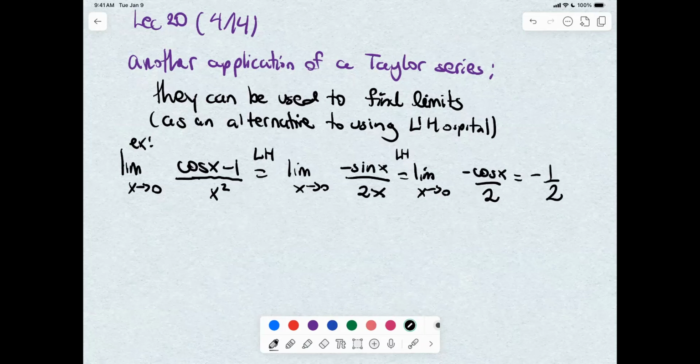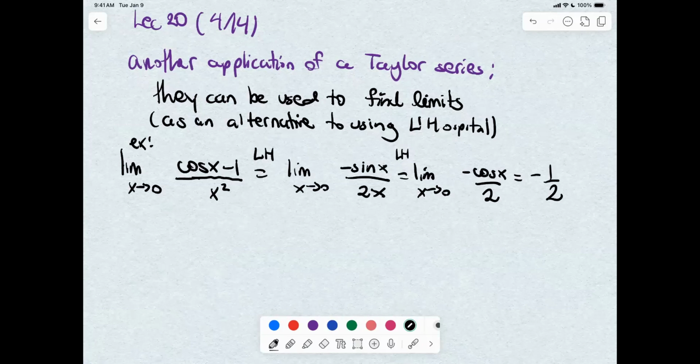From the Taylor series perspective, which again is just useful to understand that you can do that, not necessarily that it's more practical in terms of time, what you do is expand the cosine as a power series.